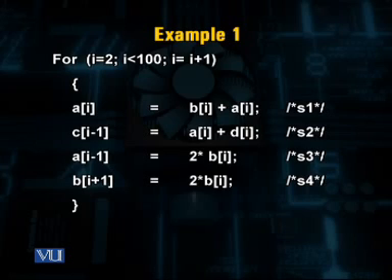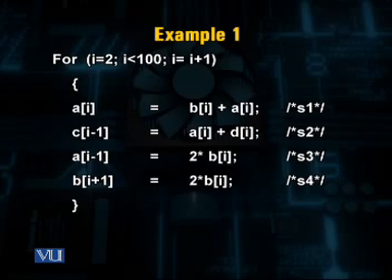Here you can see that this for loop starts with I equal to 2 and it ends for I less than 100. This loop consists of 4 statements, S1 through S4.